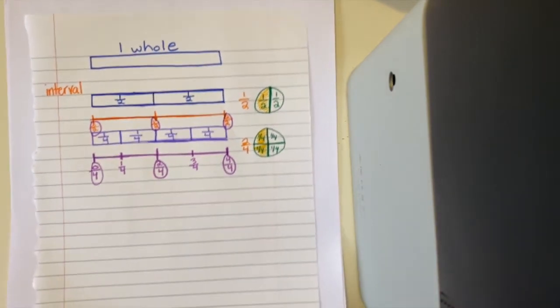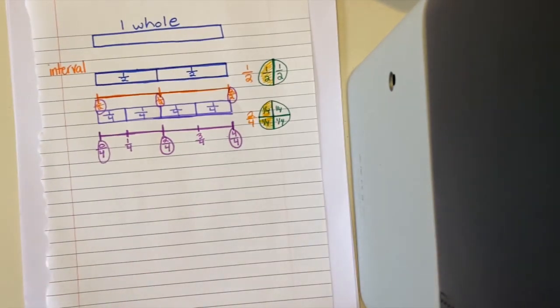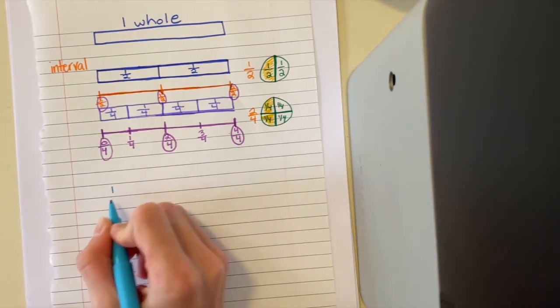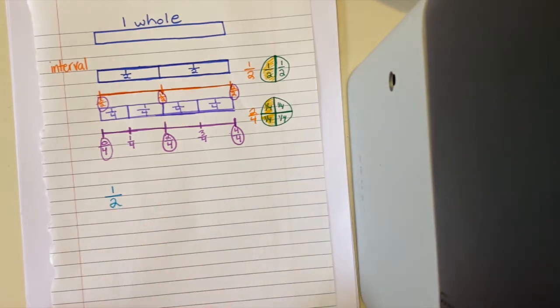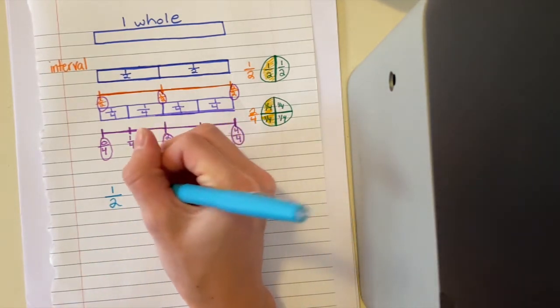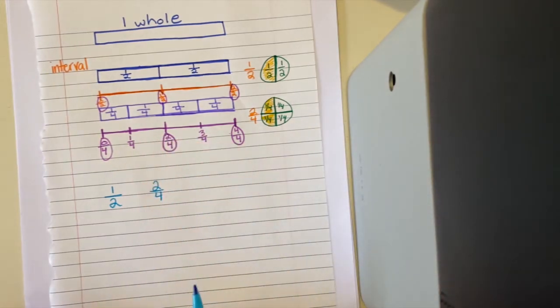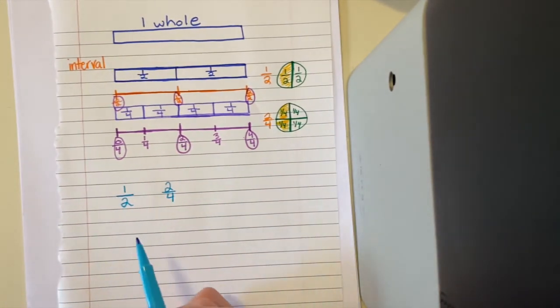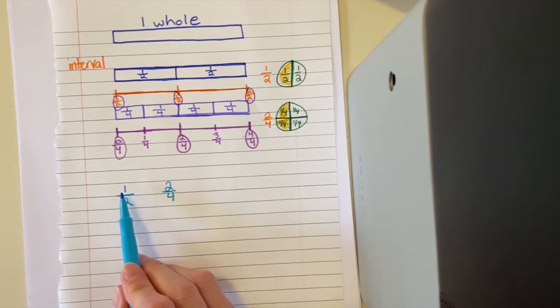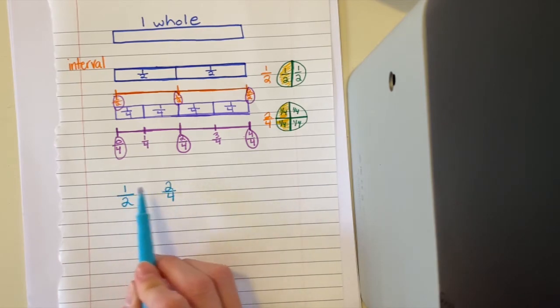Now let's move towards the actual algorithm of finding equivalent fractions. Writing down 1/2 and then having that 2/4. Okay, hopefully that's a better visual. Noticing the numerators.